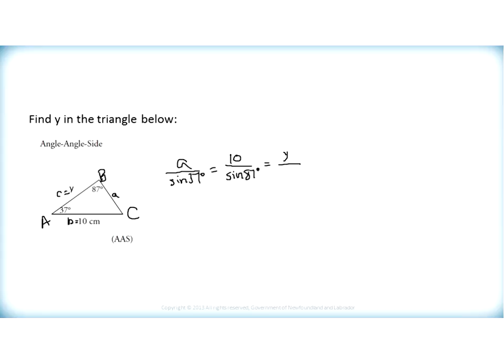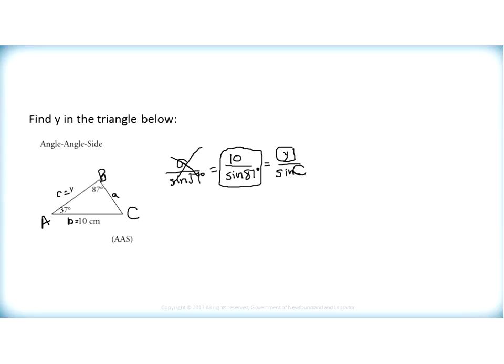Y is equal to c over sine c. So right now we know everything in the middle ratio. We want to find y, so we're going to ignore the first part of our ratio here. But there's just one problem right now, is that we have two unknowns in our last ratio, y and angle c. So just like in the last example, we're going to have to find angle c first.